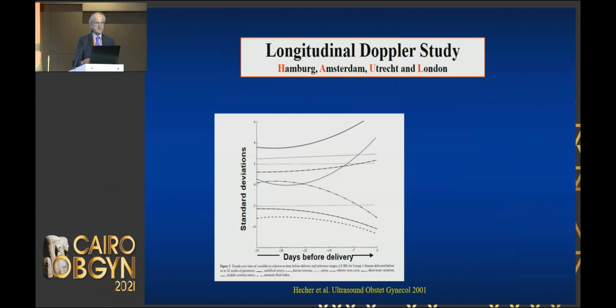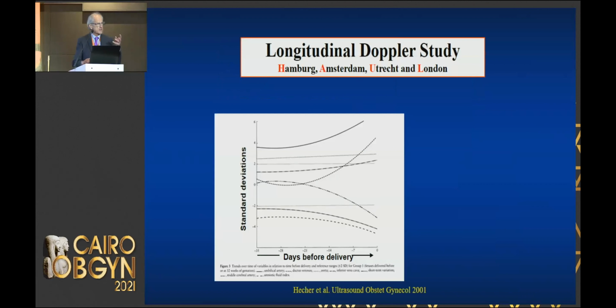Now, this is a slide which is already more than 20 years old, and originally it was designed by Enrico Ferrazzi, who just gave a lecture before here. And I'm very grateful to him that he did this slide. And you can see here, this was a management study we did together with Caterina Bilardo and others, where we looked at early fetal growth restriction and the time sequence of events of deterioration in the Doppler waveforms and in the CTG.